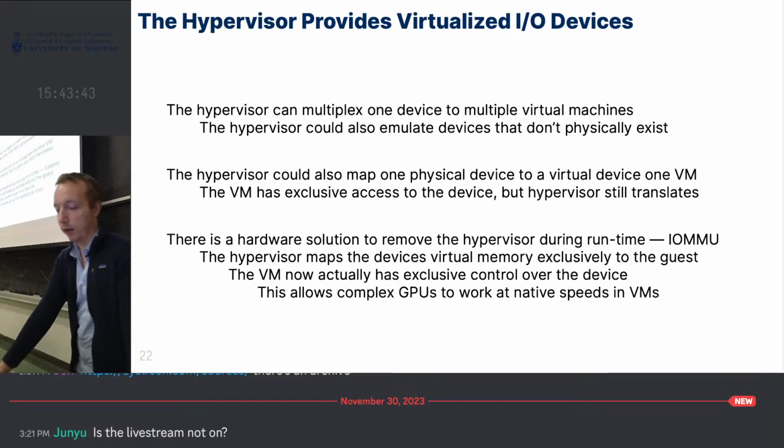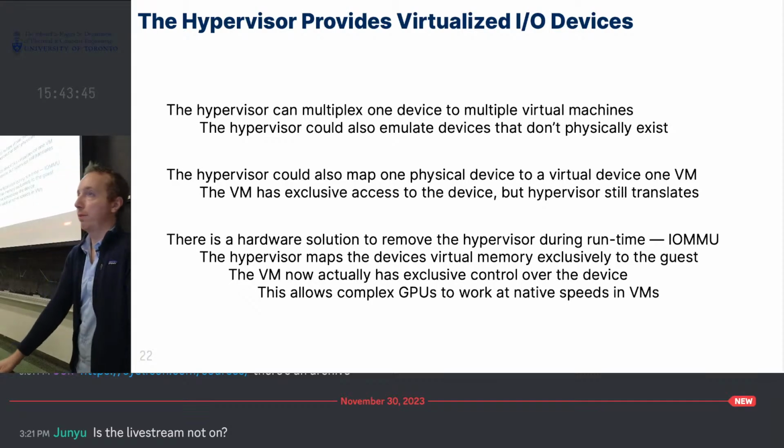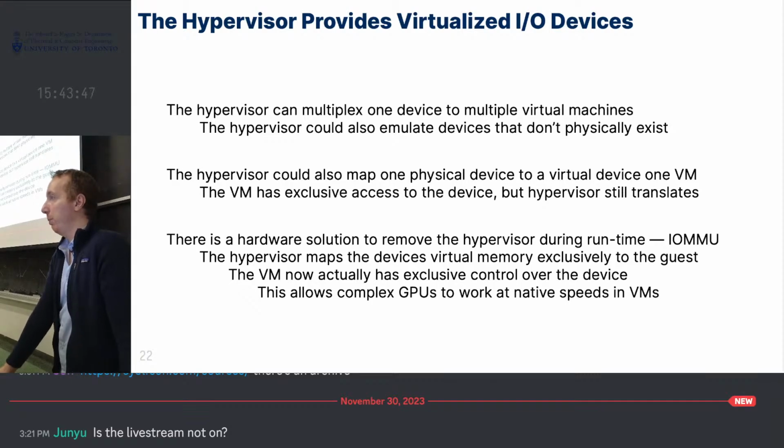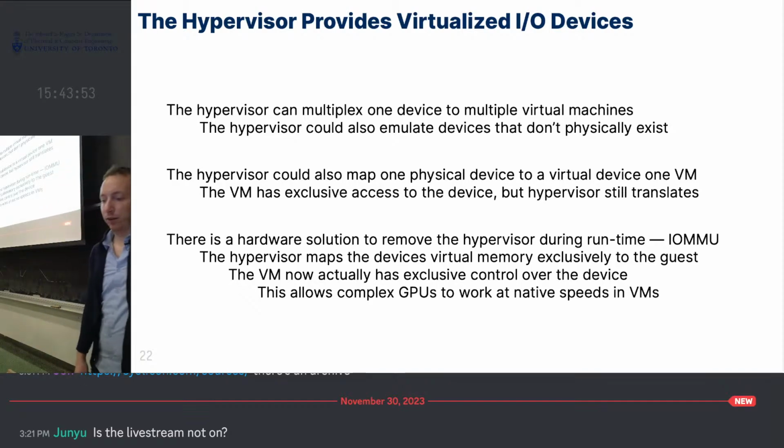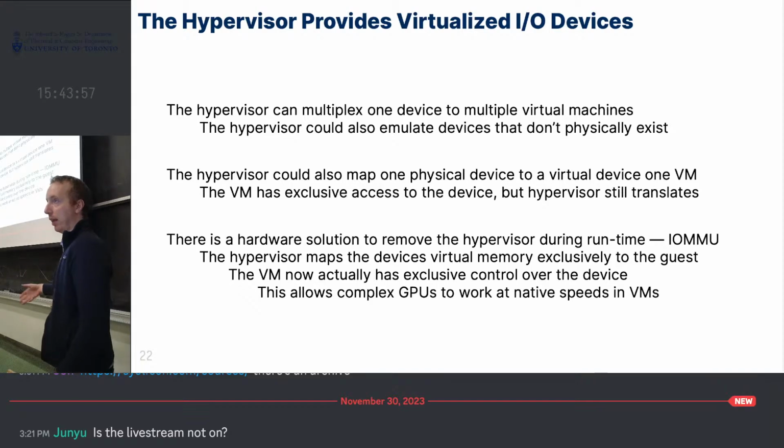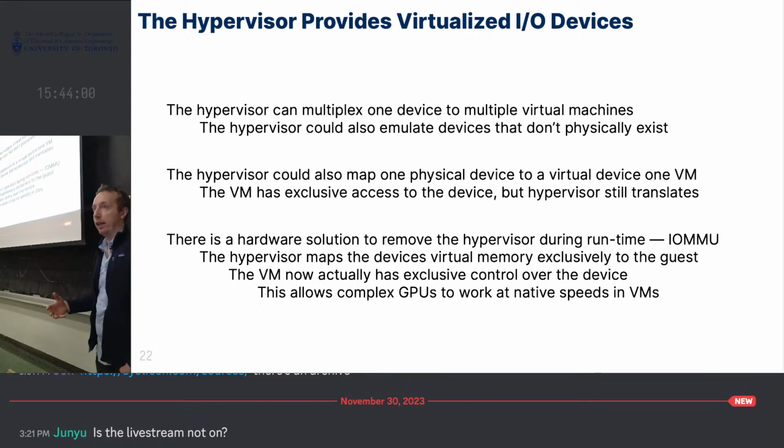So that virtual machine directly has access to the hardware, and the hypervisor does not get in the way at all. And this is generally used for things like GPUs that don't virtualize very well and don't like being shared. So with IOMMU, you just give a virtual machine direct access to that hardware, and then it can run it at native speed. So there's nothing in between it, there's nothing getting in the way, directly uses that GPU.